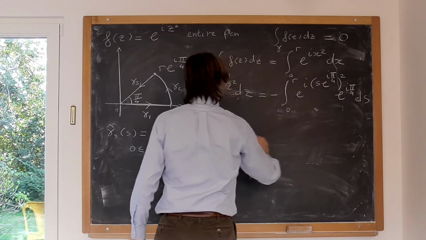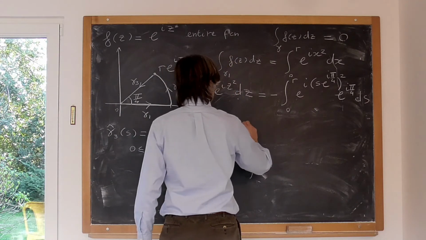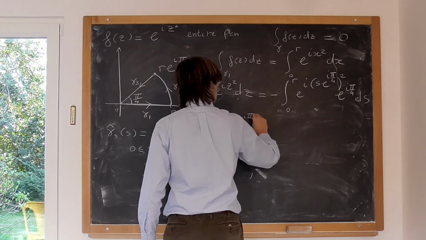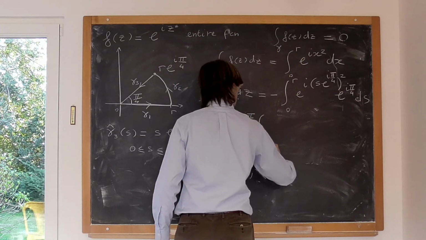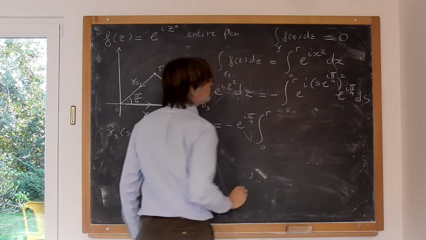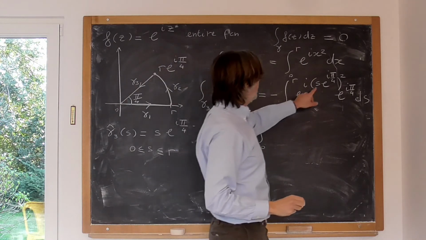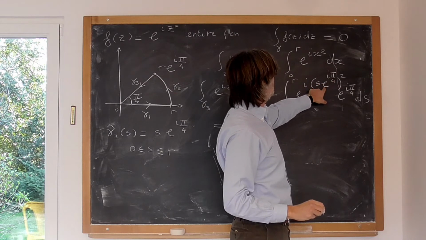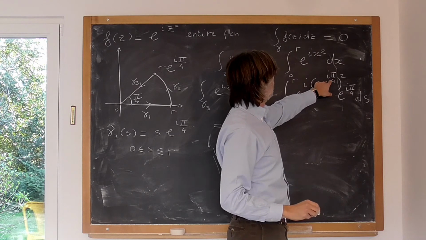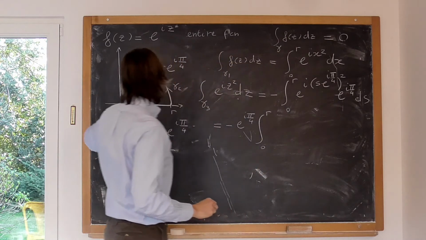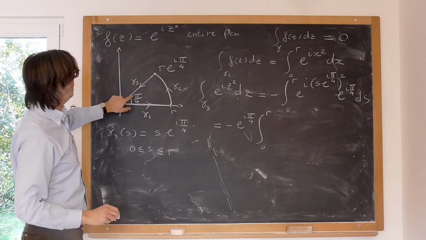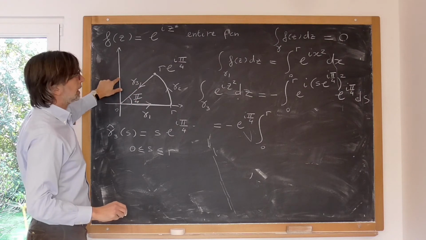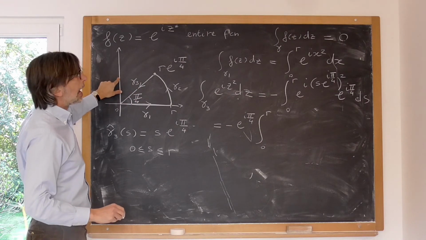So this number comes out, we can write minus e to the i pi over 4 integral from 0 to r. So now we have to square this product. e to the i pi over 4 squared, when we square it, we obtain exactly i.